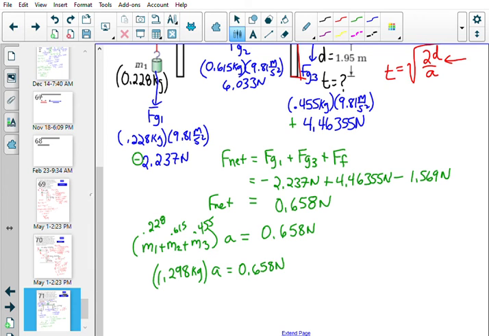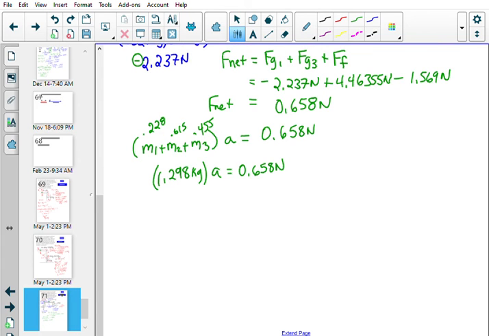Dividing that 0.658 by the 1.298 is going to give us our answer. So 0.658 newtons divided by 1.298 kilograms will give us an acceleration of 0.507 meters per second squared.